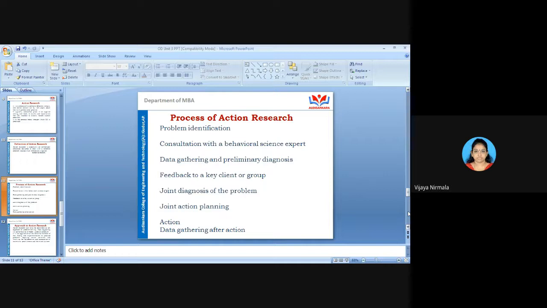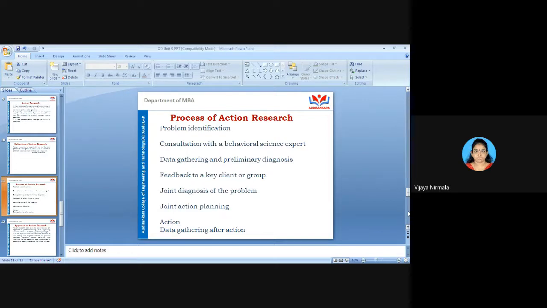The specific action to be taken depends on the culture, technology, and environment of the organization, as well as your diagnosis of the problem and the time and expense of the intervention. Right?